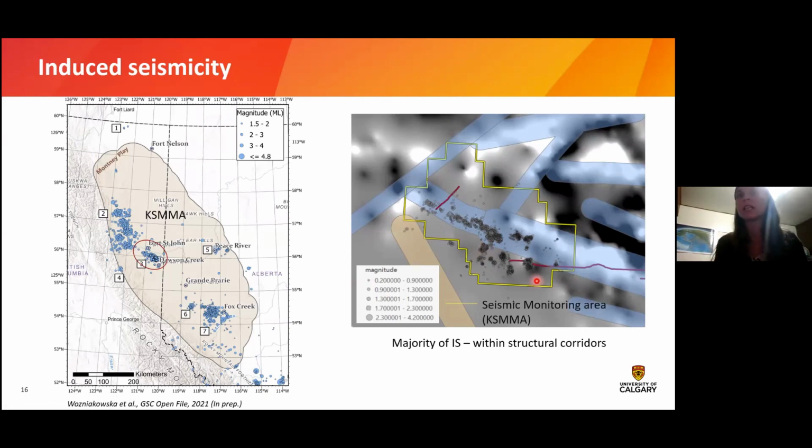But in general, those are the very beginning conclusions that I have from that. My guess is maybe we are not even able to see those. But I would say the majority of the events that were located are confined within the structural corridors. So I'm not sure if that answers your question.